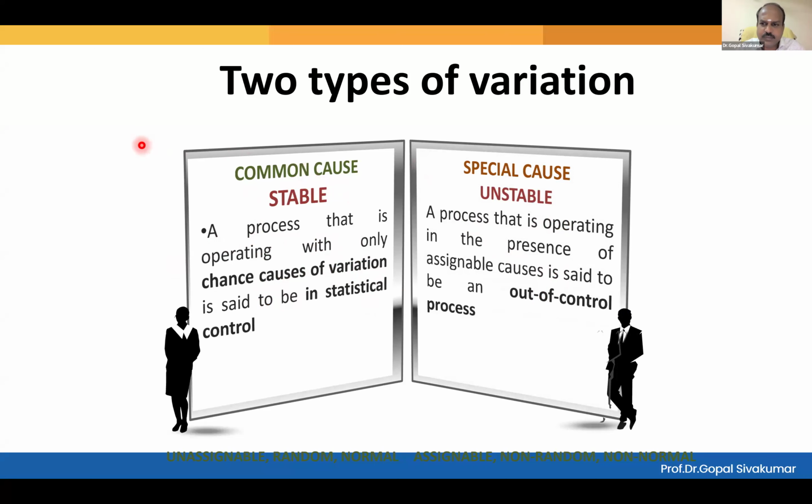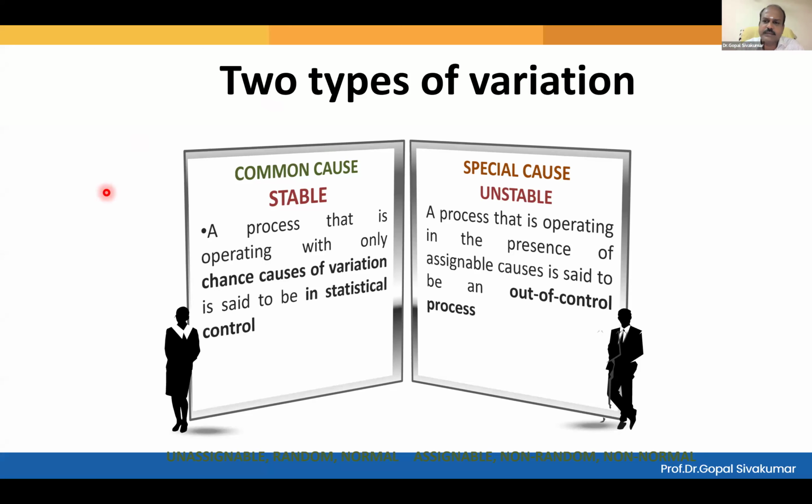If a process is out of control, then sustaining the result will be difficult. If any process is statistically out of control, sustaining the solution will be a big issue. It will not happen easily. So if you are really concerned about sustaining the solutions, establishing statistical control is very, very important.